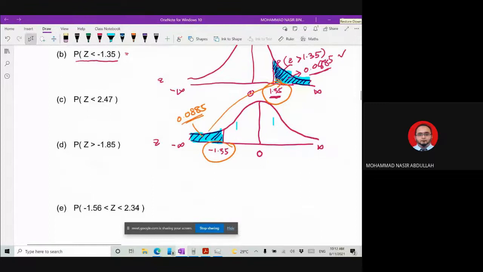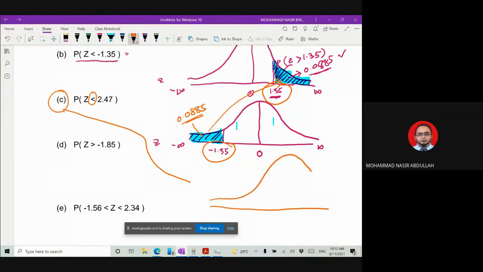So now, let's look into C dekat sini. So we want to find the value to the left, right? To the left macam mana itu? It is less than. So kita draw dulu normal distribution table. This is a Z distribution, Z, right? With mean equal to 0. Macam mana kita tahu this is a Z distribution? Because the probability is asking, the symbol of probability is Z. So this is a standard normal distribution.